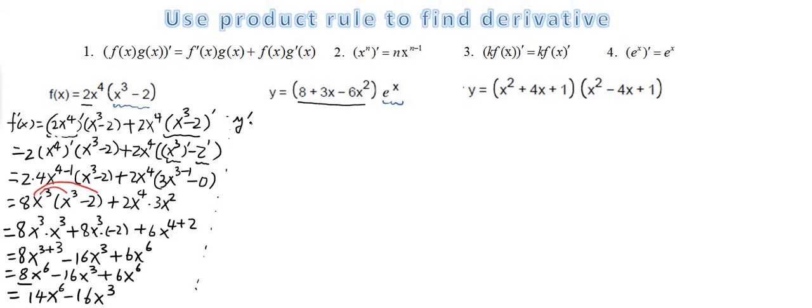So we have 3x, the derivative of the first function, times the second function, and the first function times the derivative of the second function.